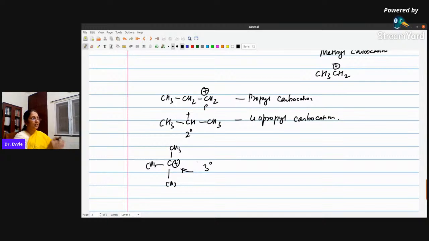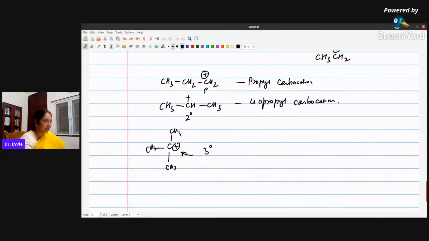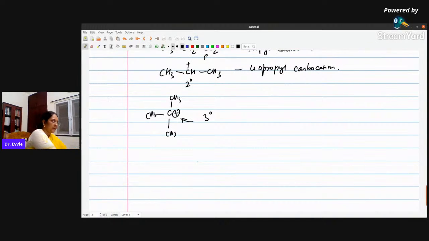Okay, so the names I have just told you, and we know about these primary, secondary, and so on. So we have another set of carbocations. That is when we have something like this, CH2, CH double bond, CH2. Here we have a double bond, that is called the allyl group, attached to this carbocation.